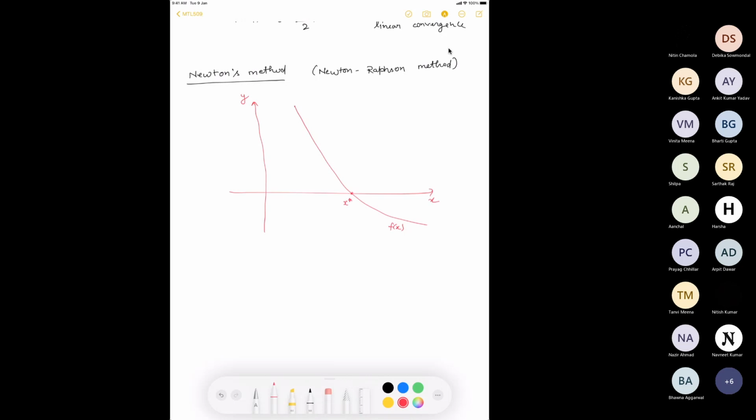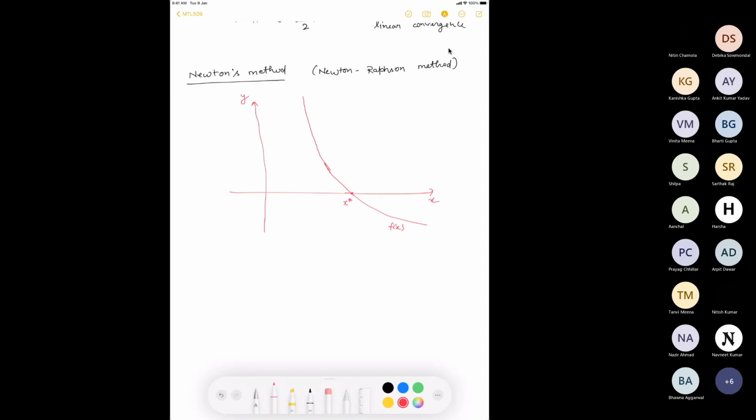At least in this graph, I can see where my root lies, right? Okay, so again, this is going to be an iterative method.